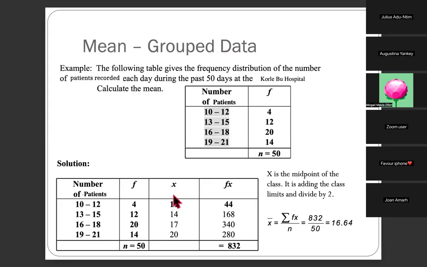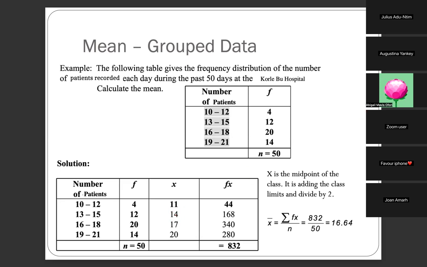That is what we denote as x. There's the data that has been given. There's also the frequency. The sum of the frequency is the total number of days.